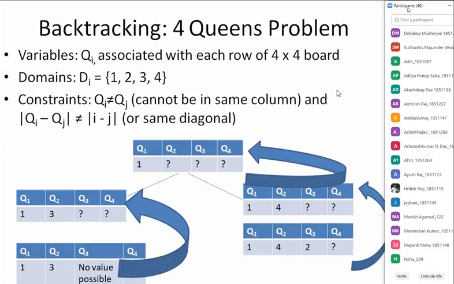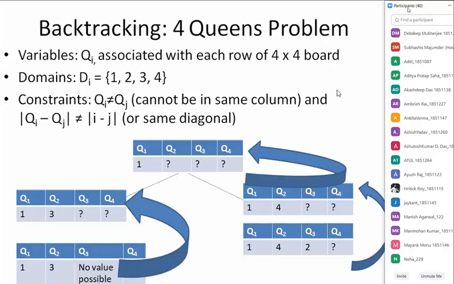Okay, so variables qi associated with each row of the 4x4 board. Now what are qi? We already said that all these queens have to be in separate rows and separate columns. So by default we assume that all these queens will be in separate rows, and qi stands for the queen standing in the ith row, and qi gives me the column number of that queen.